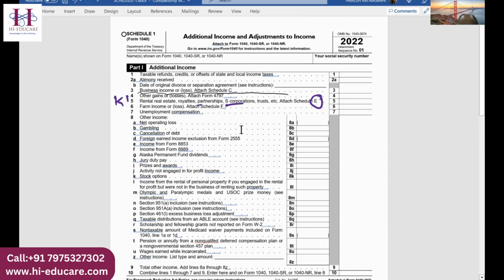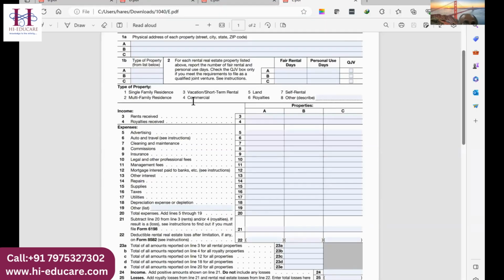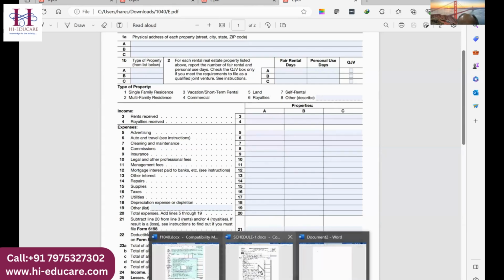So if you see the 1040, now you should know which items are directly flowing to 1040. That's very important. That's why I'm saying you should know the form number and how the flow actually is. So if you see the flow, the 1040, right?